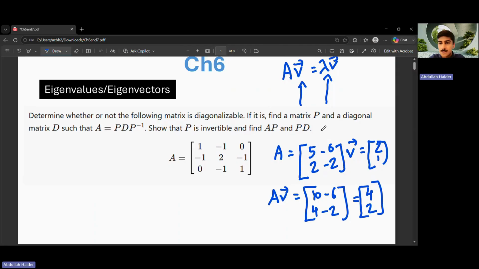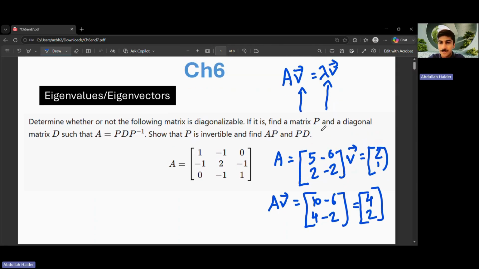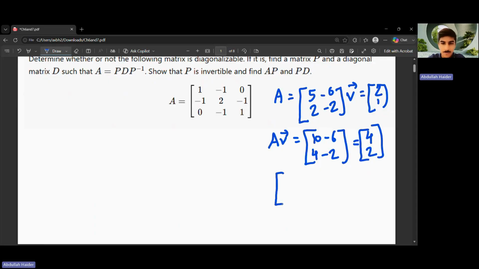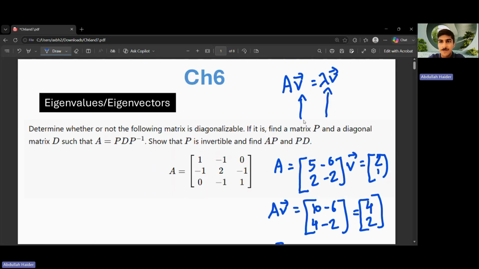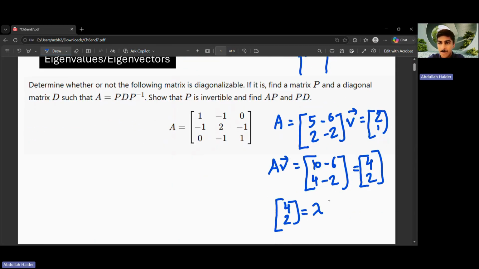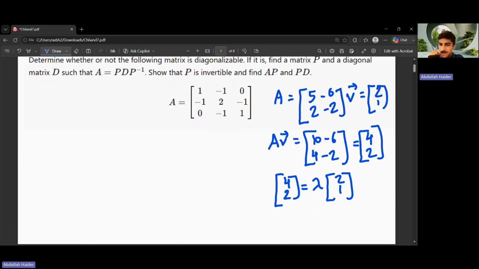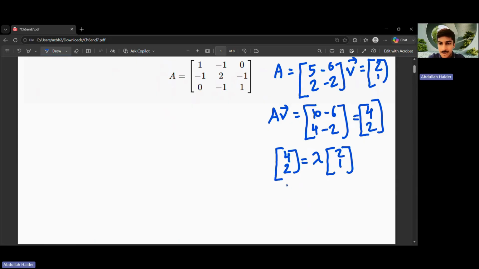Okay? Now we compare this 4, 2. Compare this 4 to your lambda. So basically you need to find your lambda, and your V was already 2, 1. So based on this, we can deduce that our lambda is 2.